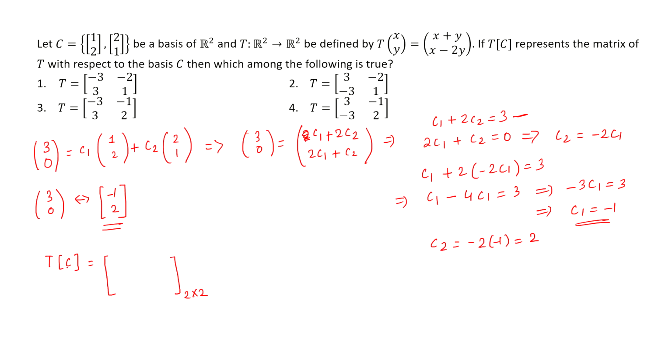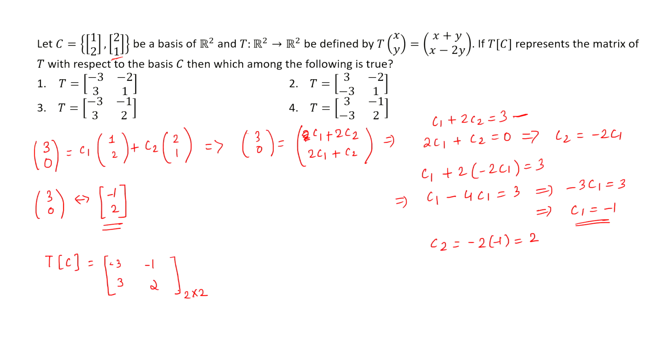The first column will be the coordinate representation of the image of (1,2) with respect to the basis C, so that is (−3, 3). The second column will be the coordinate representation of the image of (2,1) with respect to the vectors in C, so that is (−1, 2).